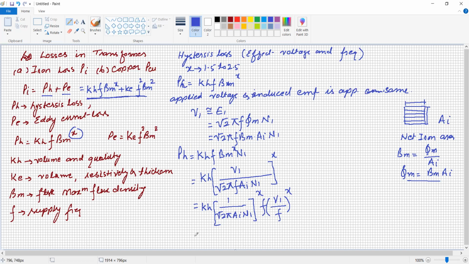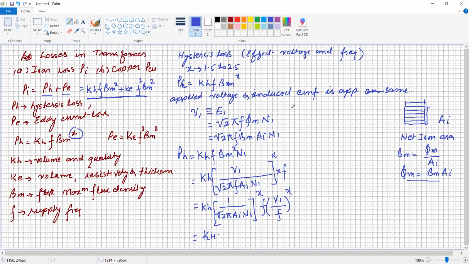So suppose all this value is replaced by a constant KH, capital H. So it is equal to this term, what is remaining here, multiplied by f is remaining.